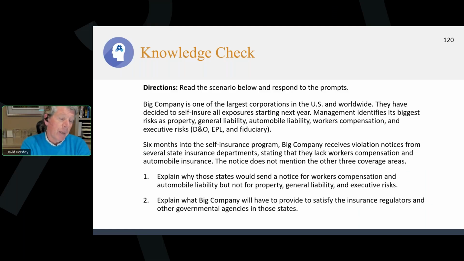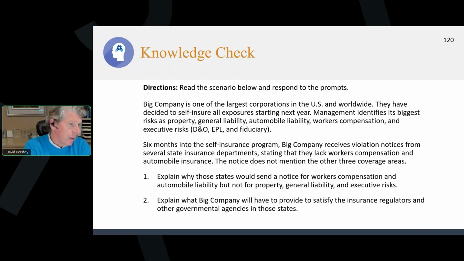But aside from that, maybe I choose to be self-insured in Montana, Kansas, Texas, Louisiana, and Alabama. Each of those states, I'm going to have to qualify independently as a self-insurer. Each of those states is going to issue me a permit, and each is going to require me to renew that permit every year. So it depends upon the states in which I choose to be self-insured.